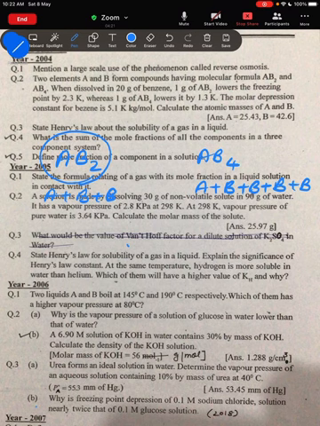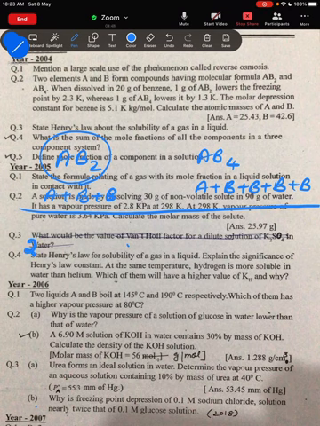So first case, when dissolved in 20 gram of benzene, that is WA is 20 gram, 1 gram of AB2 lowers the freezing point by 2.3 Kelvin, whereas 1 gram of AB4 lowers it by 1.3 Kelvin.